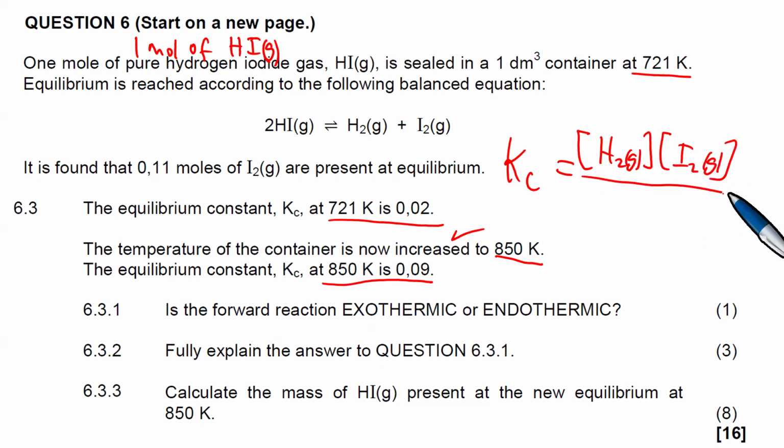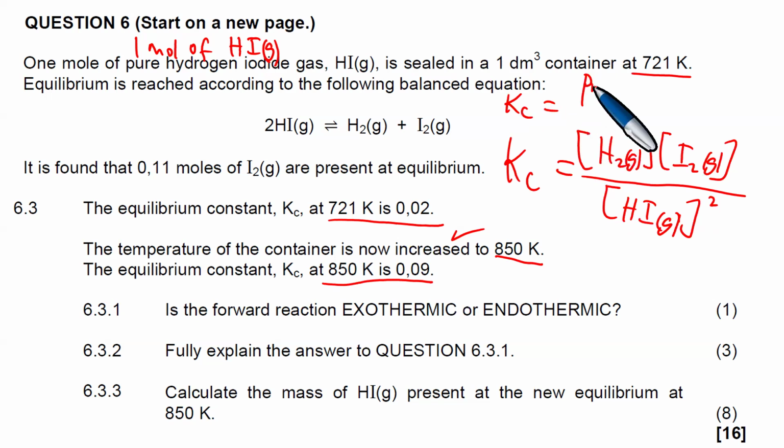And we divide that by the concentration of the reactants. Like so, we just discussed that. So Kc becomes the products divided by the concentration of the reactants.